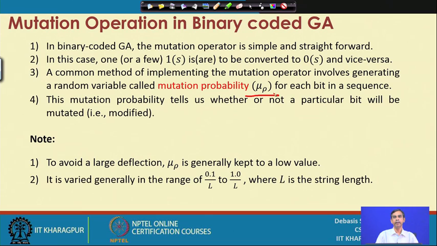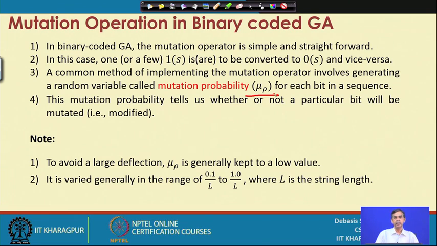If we take a high value, then your search will be in a random direction, which is sometimes not desirable, and it will take longer to terminate the searching process, and you may not get the optimal solution at all.